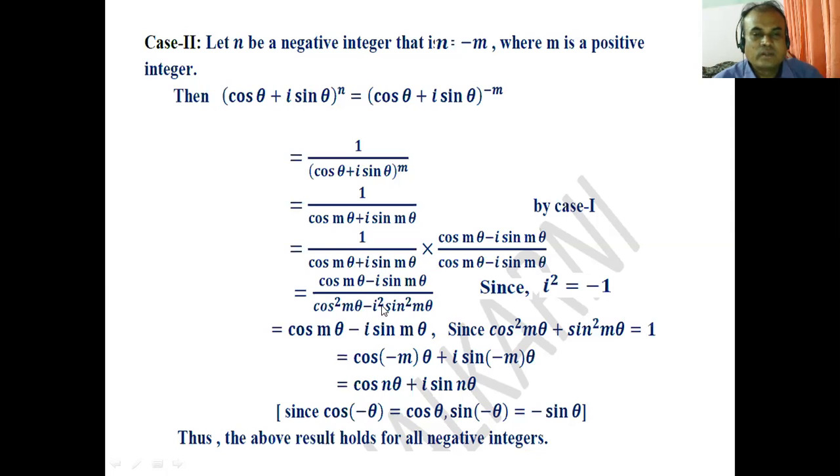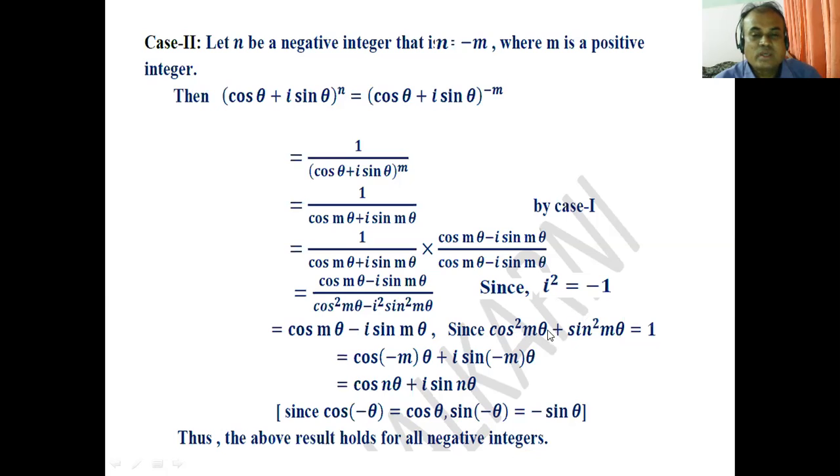Now we know that the value of i square is equal to -1, so we put the values. The simplification is (cos m theta minus i sin m theta) divided by (cos square m theta plus sin square m theta). This is a trigonometric identity, since cos square m theta plus sin square m theta is equal to 1.